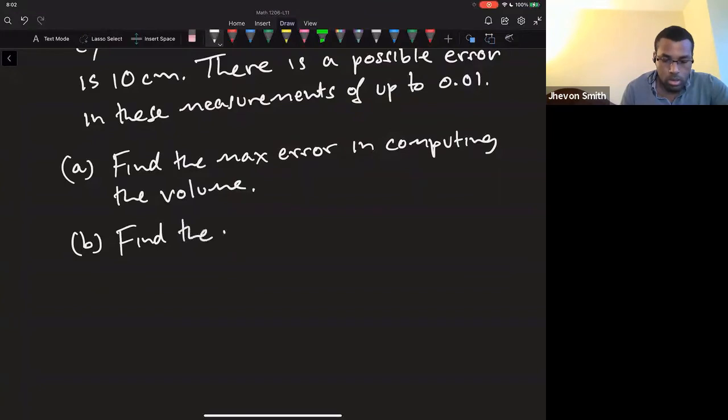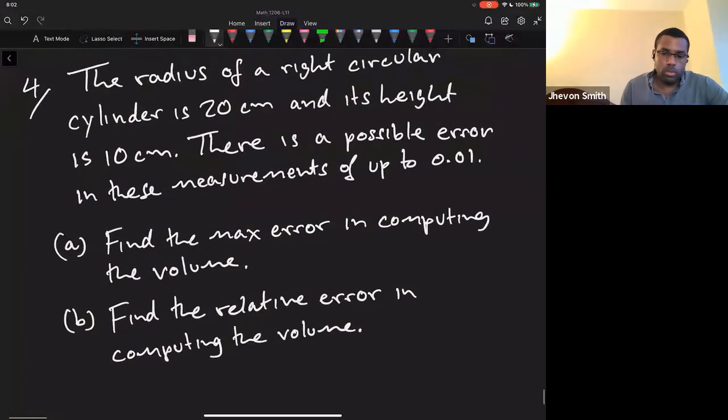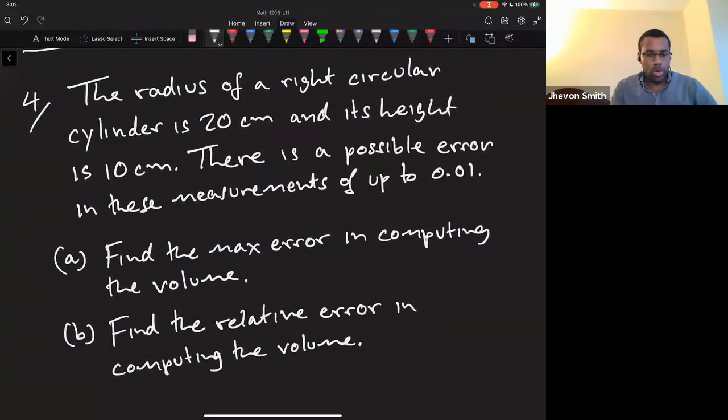Find the relative error in computing. Okay, so here's a word problem, which I guess you can take a snapshot of or write down if you want.